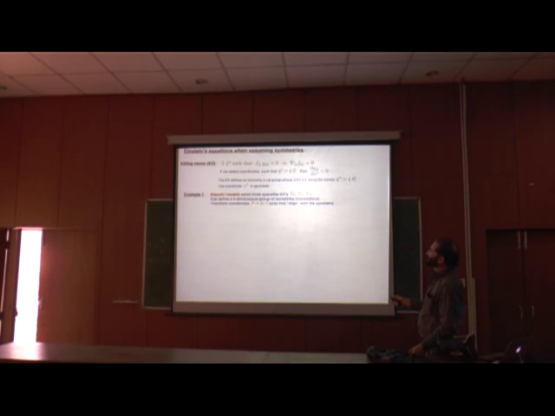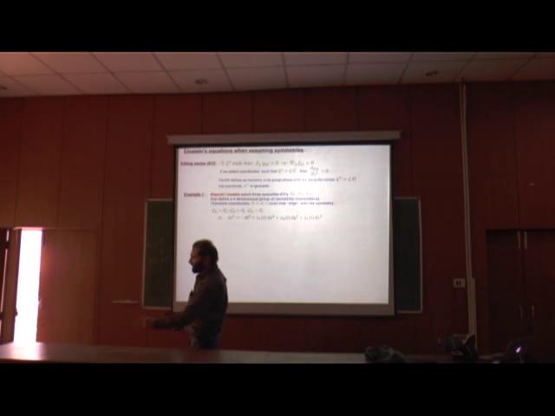Coordinates exist that align with the symmetry. What I mean by this is that I can choose the coordinates aligning to the translations. Okay. One translation along the x-axis, so this will be my x coordinate.